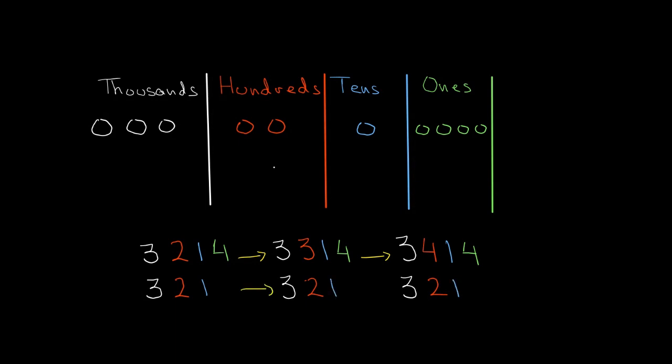And now let's say if I subtract 1, then I have 3214. It will go down to 3213, and this will go down to 3212, and so on and so forth. You can see only the ones place is changing and not the tens, hundreds, or thousands place.